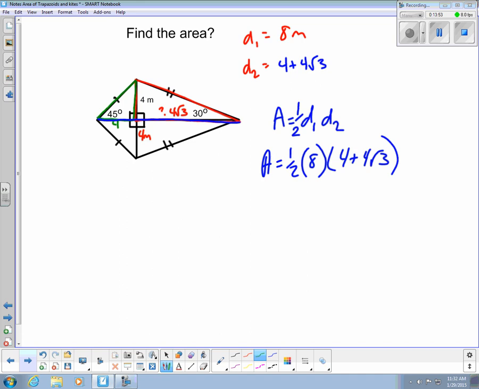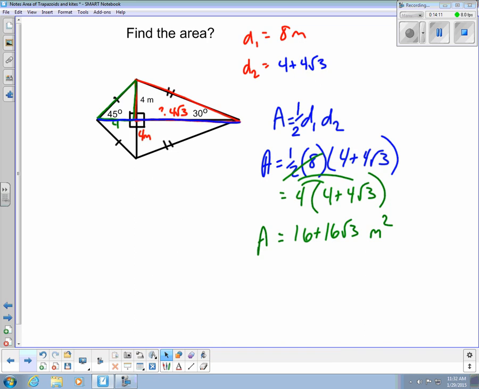We can simplify the 1/2 and the 8, and that gives me 4 times 4 plus 4 square root of 3. I can't add those things together inside the parentheses, but I can distribute that 4. And so I end up with 16 plus 16 square root of 3. This is my area. We're going to put meters squared at the end, and that is the exact area for this one. It's a special right triangle problem embedded in the area of the kite, so exact answers.